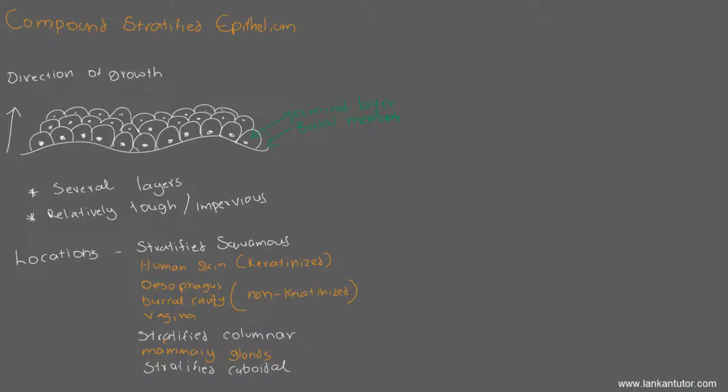And then there's the stratified columnar epithelium, which is generally located in the mammary glands, and the stratified cuboidal epithelium, which is found in some sweat gland ducts. And then we move on to the transitional epithelium. Now, you don't really need to learn a lot about transitional epithelium because it is one of the most complex types of epithelium.